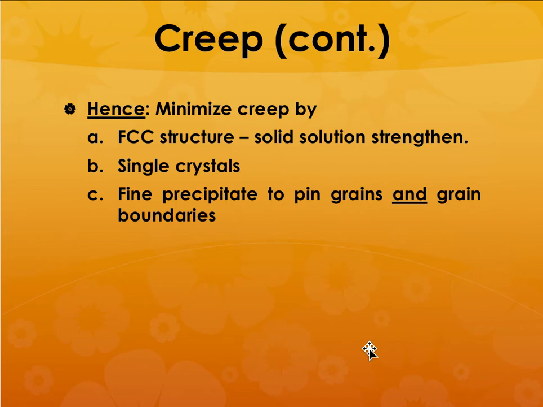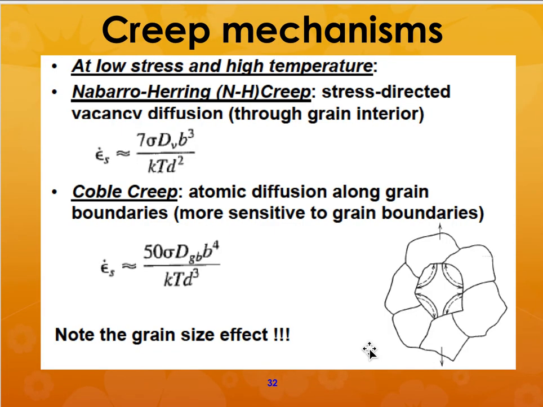That's what people have tried to do in the case of nickel-based superalloys for turbine blades. They have precipitates of Ni3Al, which does not melt with temperature, and they precipitate very uniformly, and then they lock up the grain boundaries and prevent them from moving during the creep process.